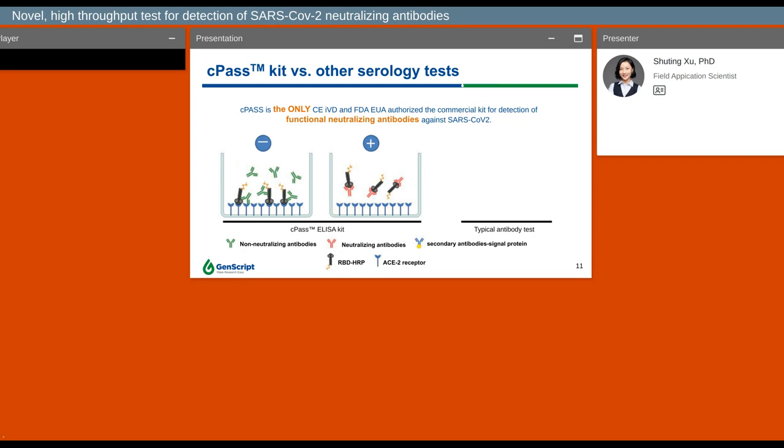Due to this reason, we call it the surrogate virus neutralization test. We can really detect the functional neutralizing antibodies against SARS-CoV-2. And you have the readout with the RBD domain binding to ACE2. When the neutralizing antibody works, there will be no signal at all.